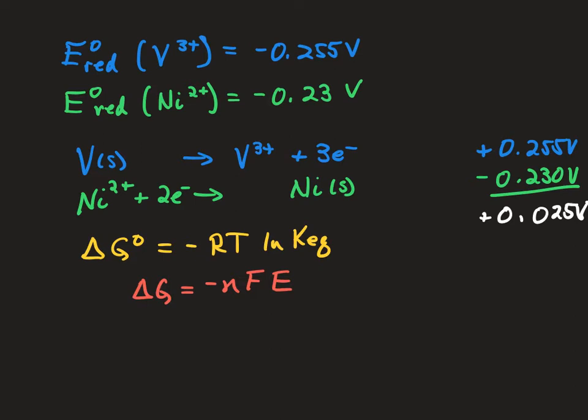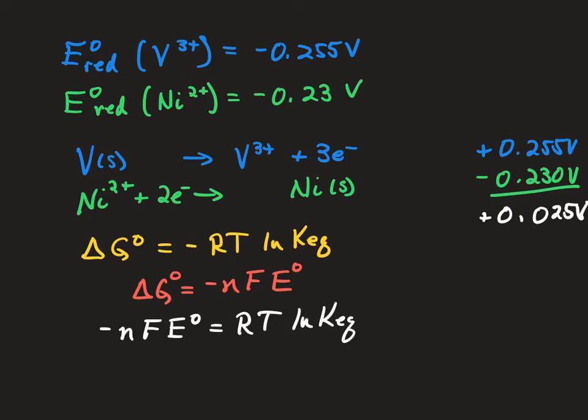Well, if we make the standard cell potential and delta G0, now we've come up with another relationship here, that our minus NF E0 is equal to RT times the natural log of our equilibrium constant.